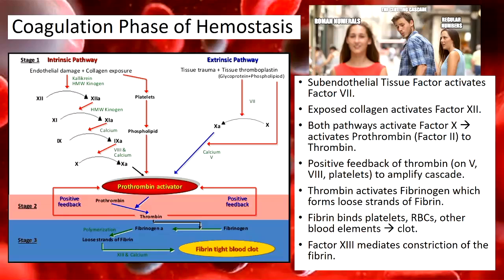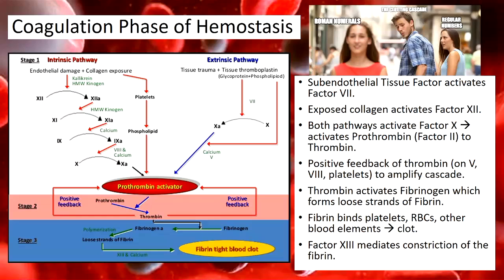Factor 7 to factor 10, you get this complex, which is activated factor 10, activated factor 5, and calcium. Takes prothrombin to thrombin. Thrombin takes fibrinogen to fibrin, those fibrin strands that are going to pull things together. And then here's where factor 13 gets to do its thing. All right, so in a nutshell, that is the coagulation cascade.